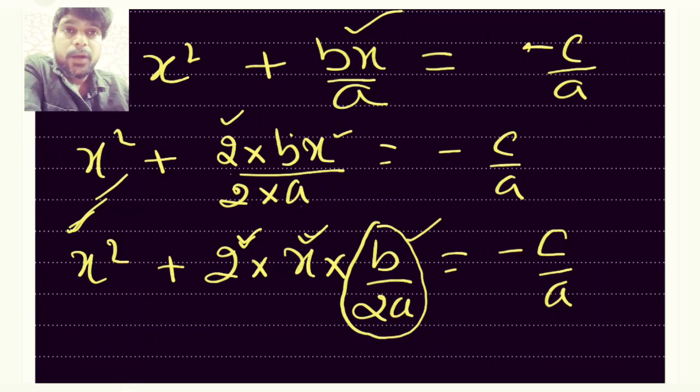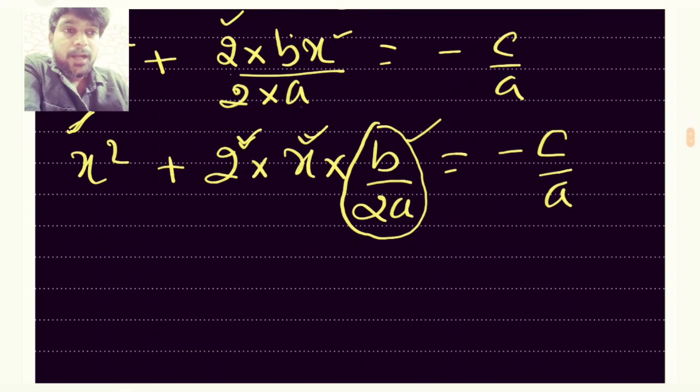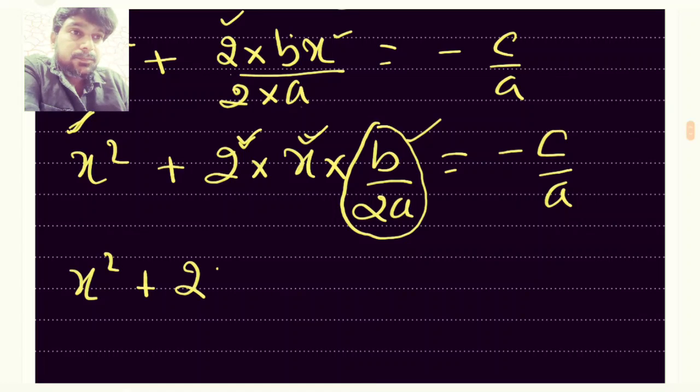So this is first quantity square, this is 2 times first quantity, and this will behave as the second quantity. So what we are going to do, we are going to add the square of the second quantity and subtract the square of second quantity on the left hand side of the equation, and that is not going to bring any change in the equation, isn't it? So let's do that step also. So it will be like x square plus 2 times x into b upon 2a.